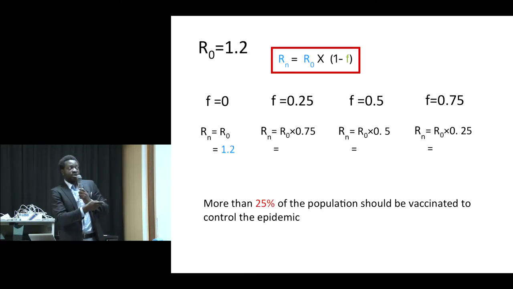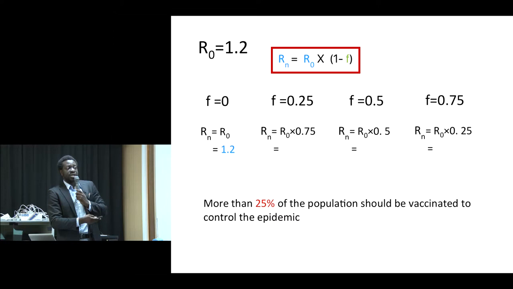Let's take a very small R naught. Here, it's 1.2. With 1.2, if no one is vaccinated, F is 0, it can contaminate 1.2 person.